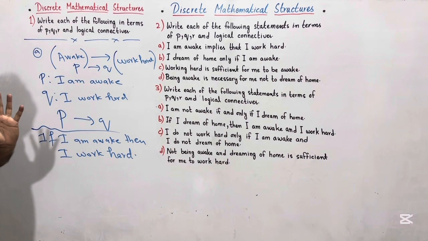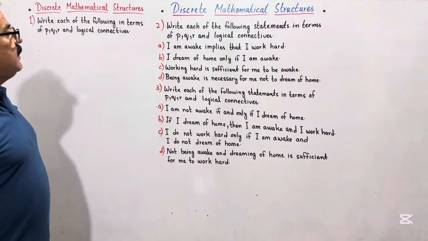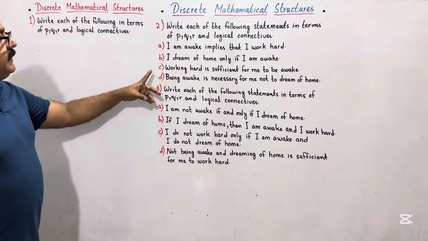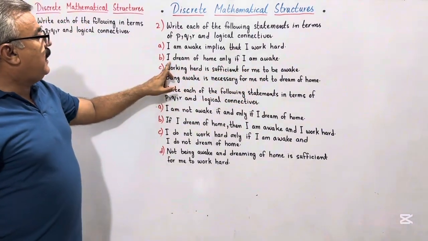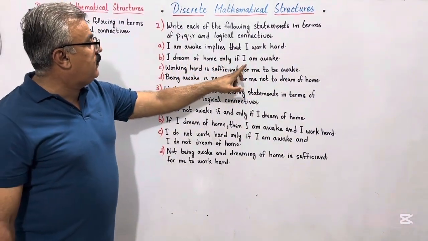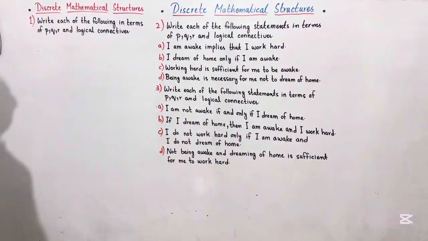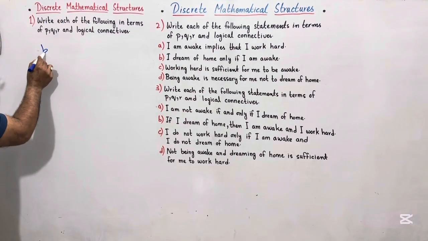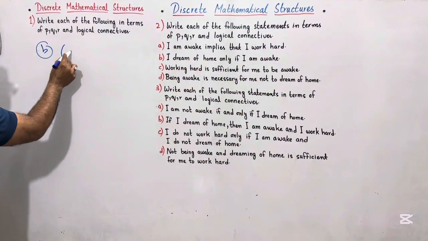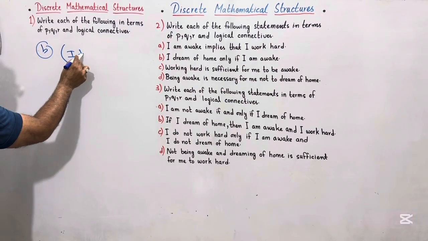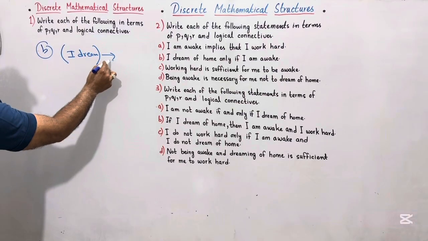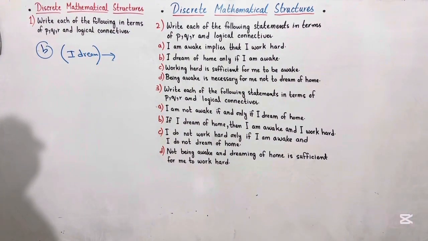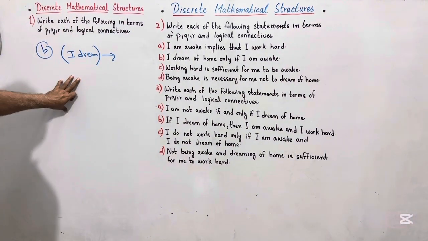Moving towards the next proposition, part B of the second is: I dream of home only if I am awake. Here, I dream of home implies I am awake.